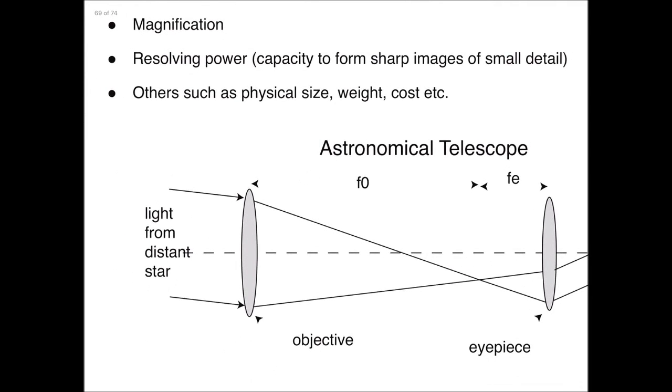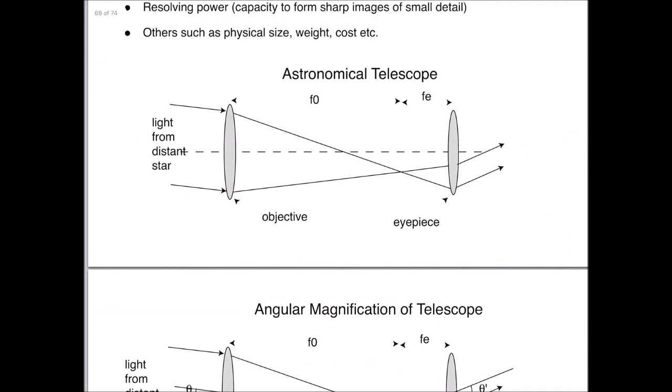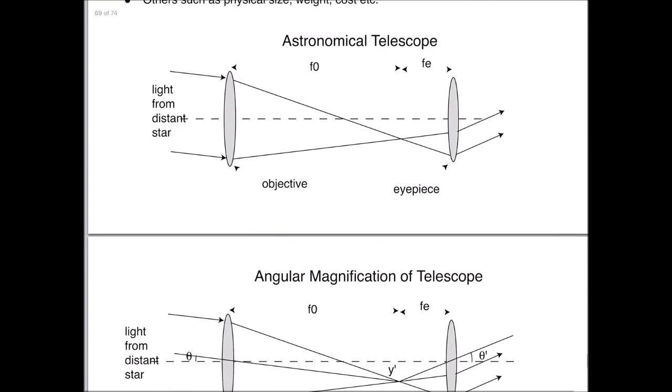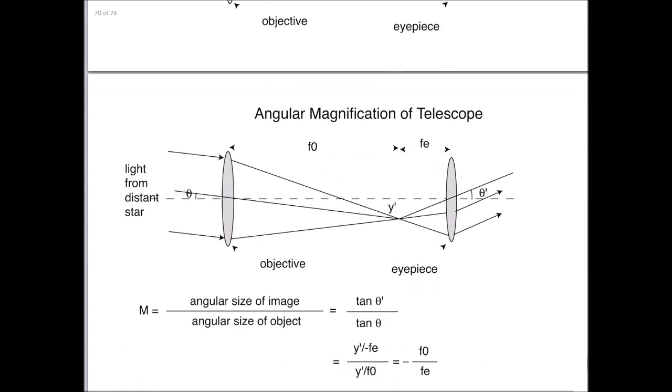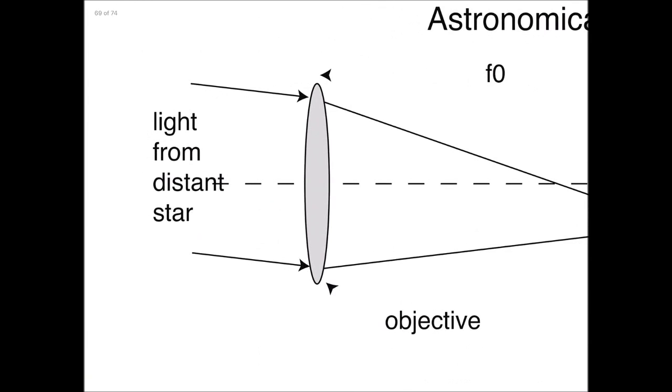Now let's look at a specific example of constructing an optical system, and let's take up the case of the astronomical telescope. For the astronomical telescope, we have light coming from distant stars. Since this light is coming from very, very far away, it's again a bundle of parallel rays.